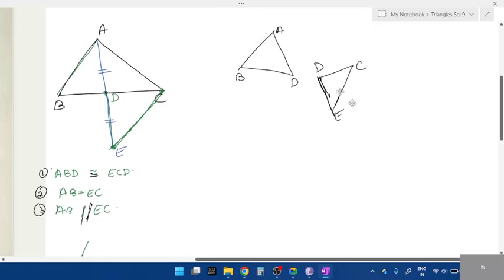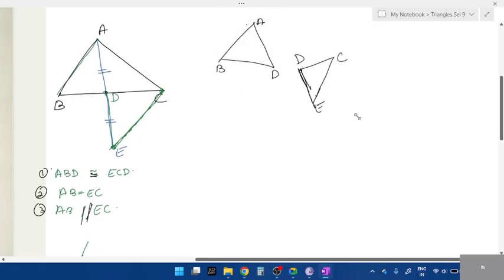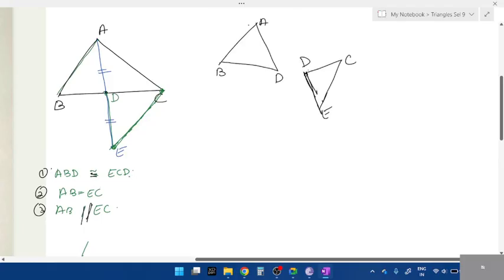See, first thing I'll tell you. What's the first question they've asked us? You have to prove that these two triangles are congruent. If you want to prove congruence, in total what are the criteria we studied, students? How many criteria are there?